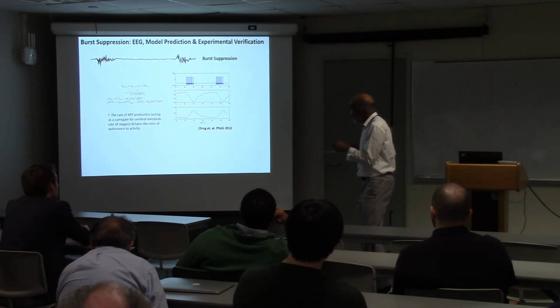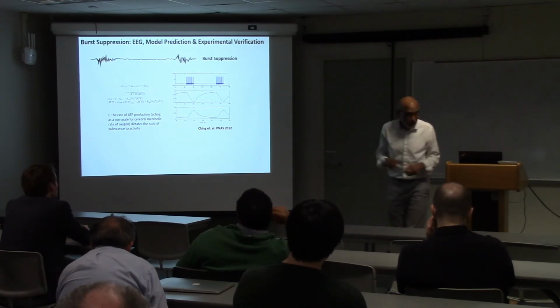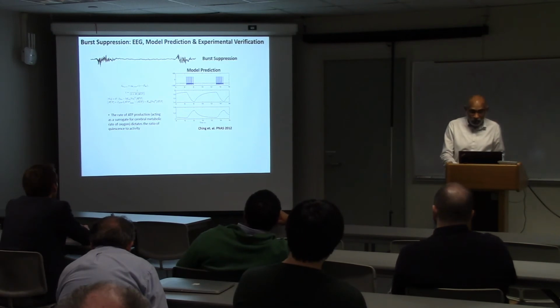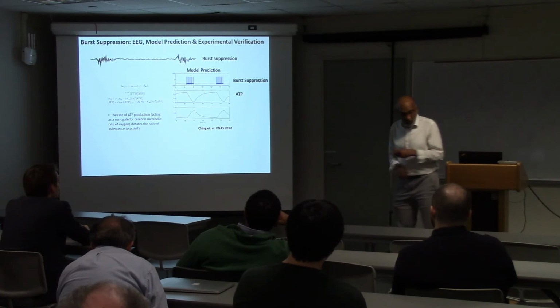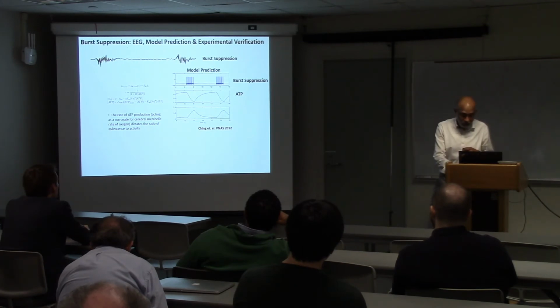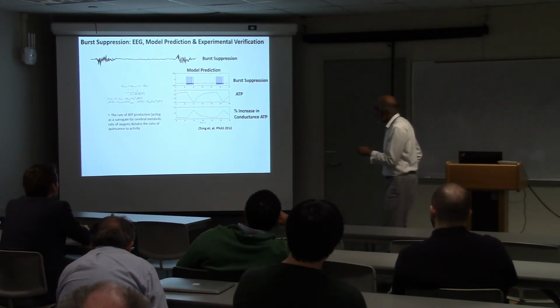Once that happened, you would stop bursting. Then over time, during suppression, it builds up again, you reach a threshold, and you start again. So that was his postulate. He called this ATP, and this phenomenon, this part here, he called the change in conductance.